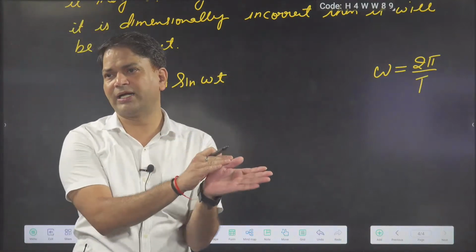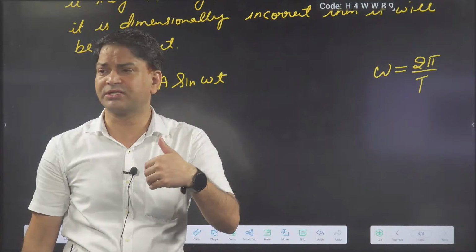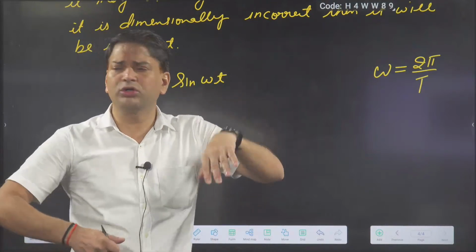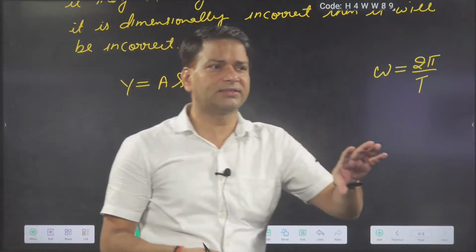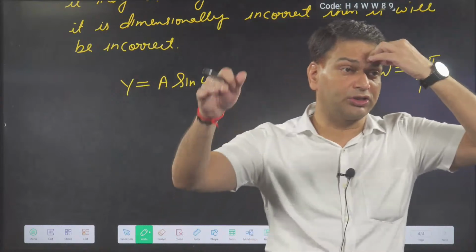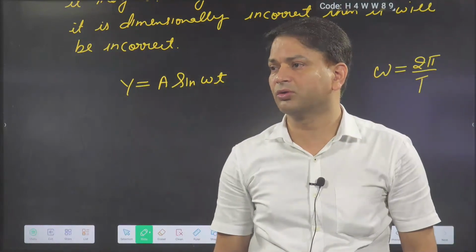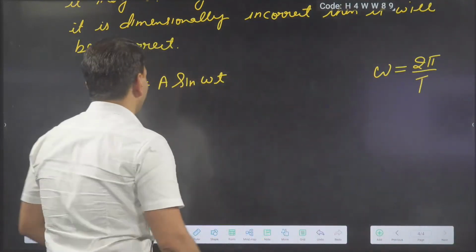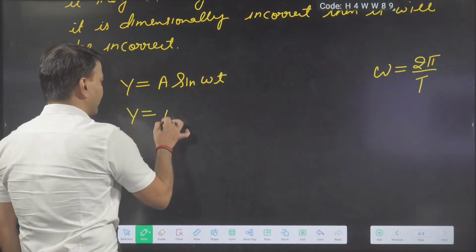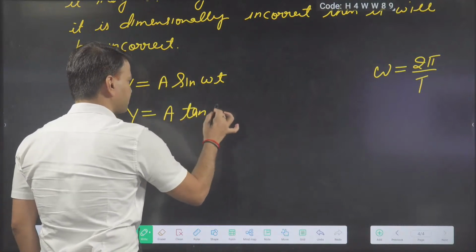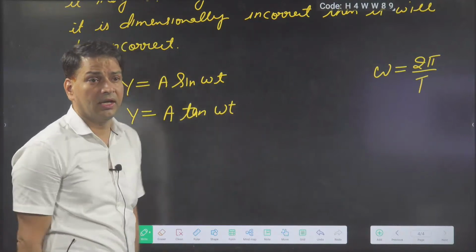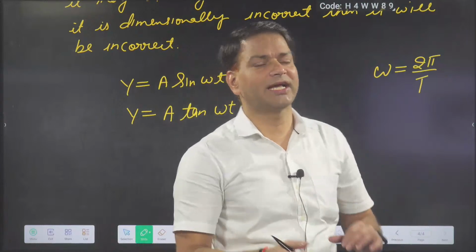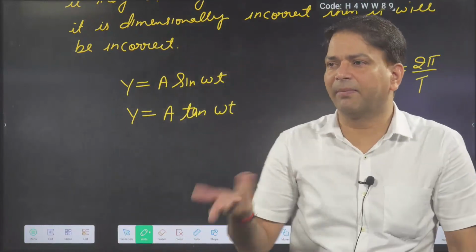Y dimension is equal to A dimension, so this is dimensionally correct. Okay, and if you know that y is equal to A sin omega t is the equation of SHM, it is a correct equation also. But suppose in the place of sin, I am giving y is equal to A tan omega t. Then if you check the dimension, y dimension and A dimension is same.